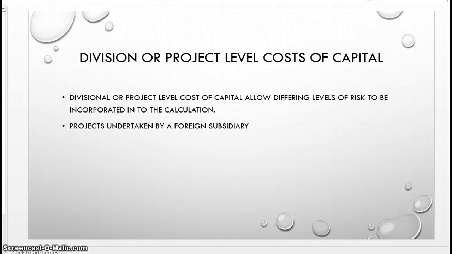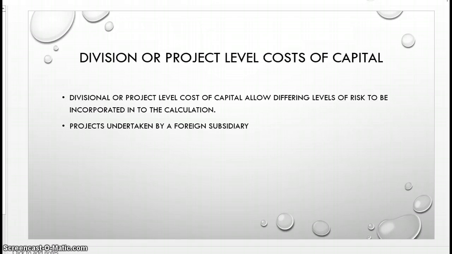So a great example is if we have a project that's going to be undertaken by one of our foreign subsidiaries, maybe our corporate wide cost of capital isn't accurate because there are additional inflation concerns that a foreign subsidiary faces.